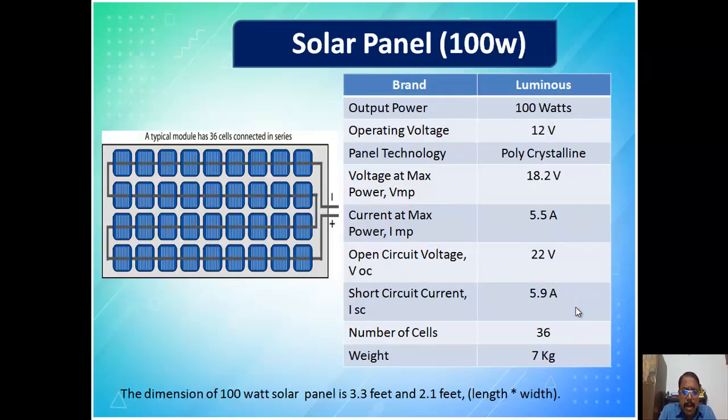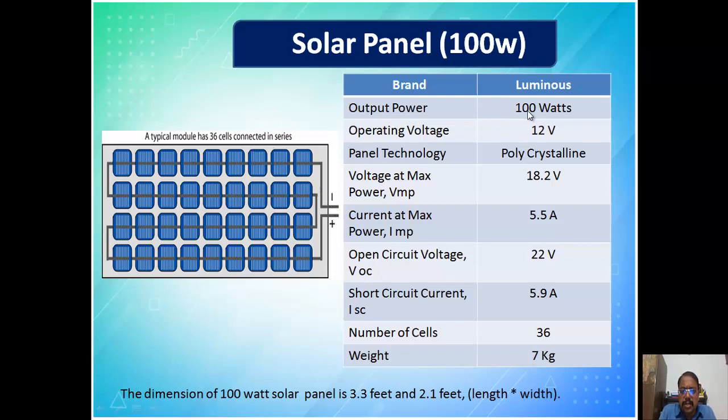Now how do you make a solar panel? Just take the solar cells and connect them in series. You can see in this diagram very clearly: the first cell is connected in series with the second cell, the third cell, and it continues in series fashion, and finally one terminal is positive and another terminal is negative.